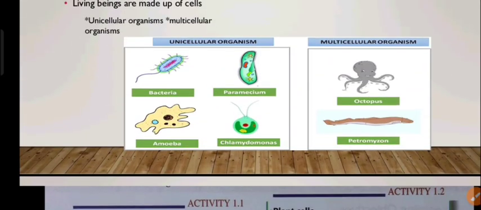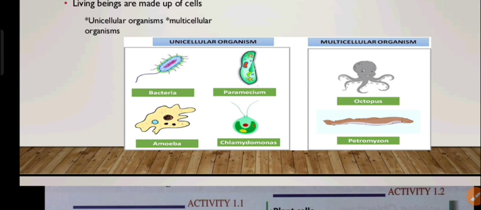And then coming to unicellular and multicellular organisms. What is unicellular? Organisms which are made up of a single cell are unicellular. Examples of unicellular organisms: bacteria, paramecium, amoeba, chlamydomonas, etc. In a unicellular organism, that single cell performs all the functions of the body.